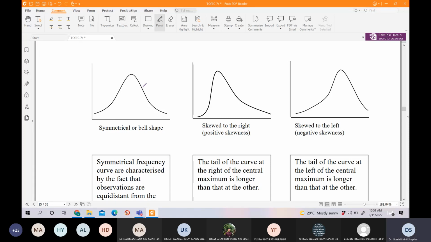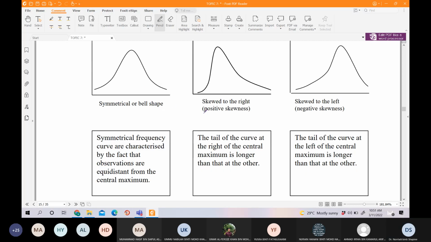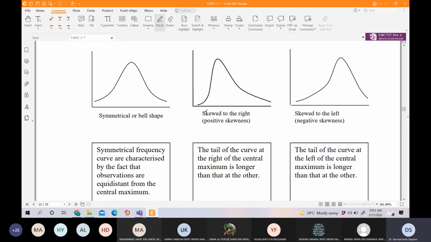Kalau kita cakap symmetrical or bell shape ni maksudnya apa? Apa yang kita tahu? How do you know?